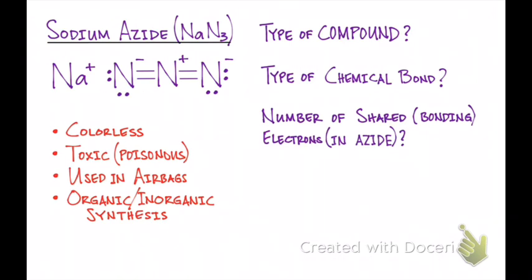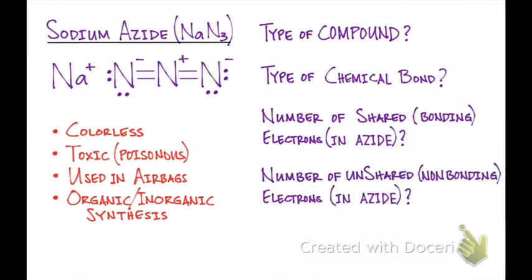What's the number of shared electrons in azide? Okay, the number of shared electrons in the azide ion. So this is the azide ion right here. So we have 2, 4, 6, 8 shared electrons. Number of unshared non-bonding electrons in azide. Okay, so we have 2, 4, 6, 8 non-bonding electrons.